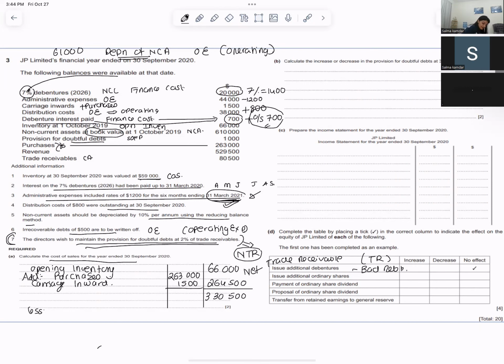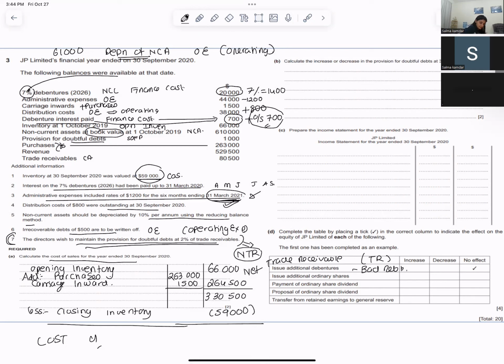Less closing inventory of 59,000. Cost of sales is 271,500.